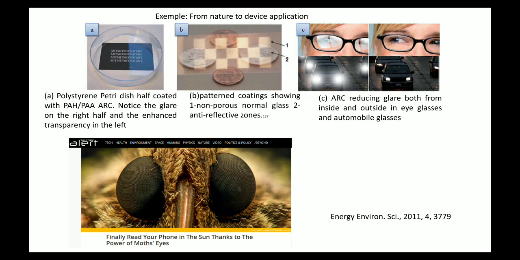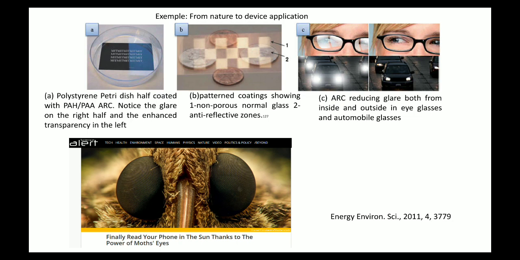And ARC is called anti-reflective coating. What is meant by this anti-reflective coating? Basically you all are aware that the surface of any material reflects some amount of light.